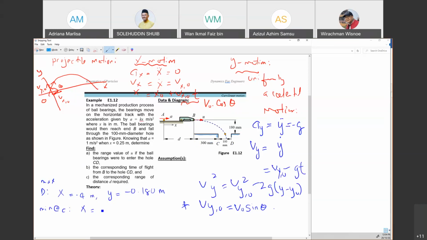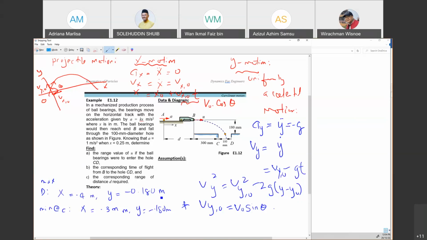X equal to 0.3 meter. Y equal to, sama lah, minus 0.14 meter.